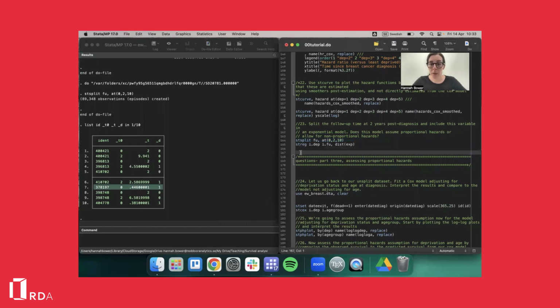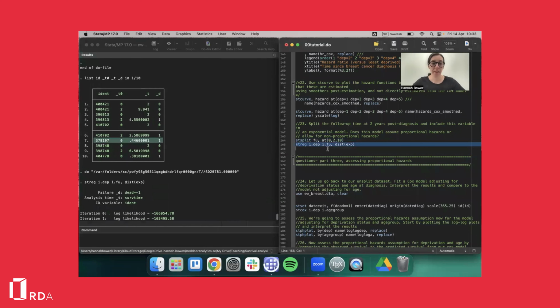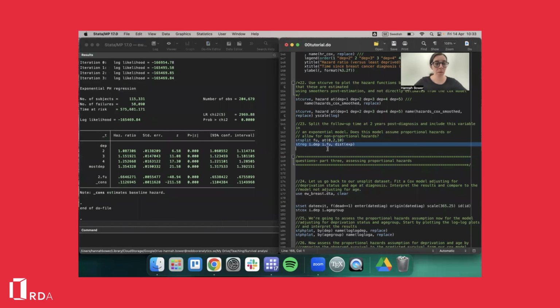So what we can do is we can use the streg command and include this in our model. And then what we get is almost the same output as previously, but now we have this extra thing here where we see the effect of this follow-up time. So this actually gives us the hazard ratio comparing the first interval to the second interval.